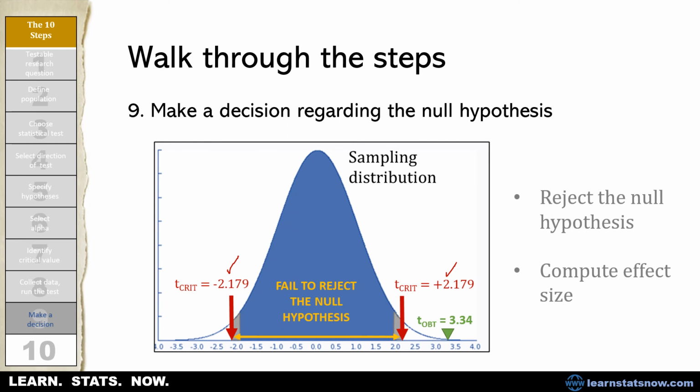And the next thing we really need to do is compute an effect size. I'm going to have a video coming on next that's going to show you how to do two different effect sizes, eta squared and Cohen's d. I'm going to hold off on doing that right now because that really deserves its own video. But the main point is we're rejecting the null hypothesis, and we really should compute an effect size to give a good index of the magnitude of the effect.